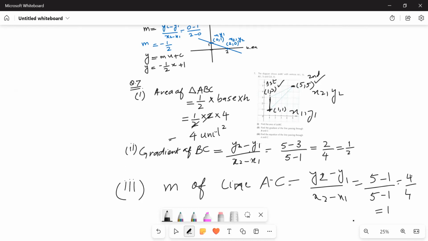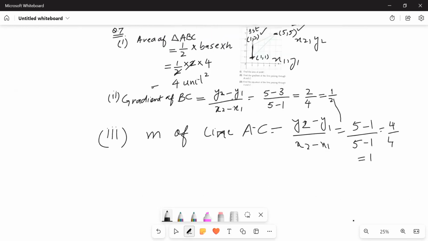Now, how to find c? Here c is not mentioned because this line is not cutting the y-axis. So we will find c by putting at least one point in the equation of the line. y = mx + c is the equation of a straight line.